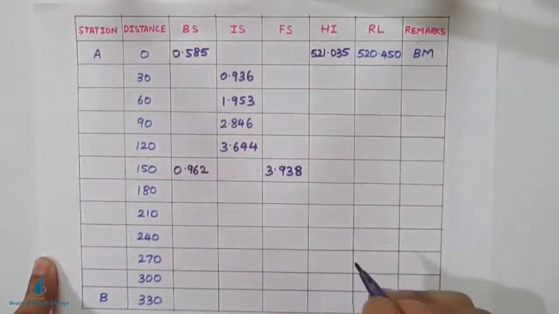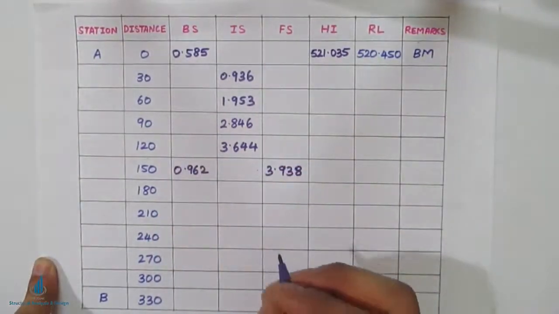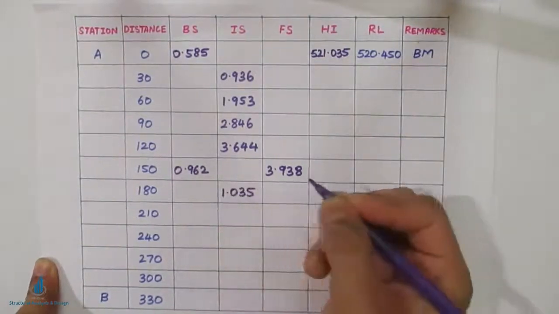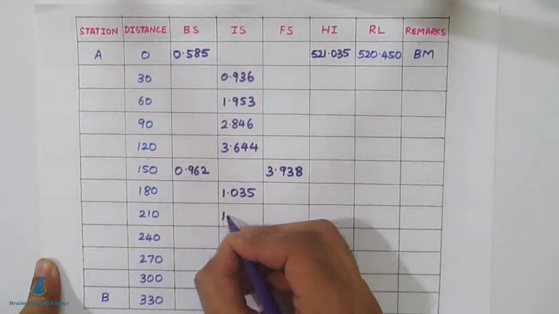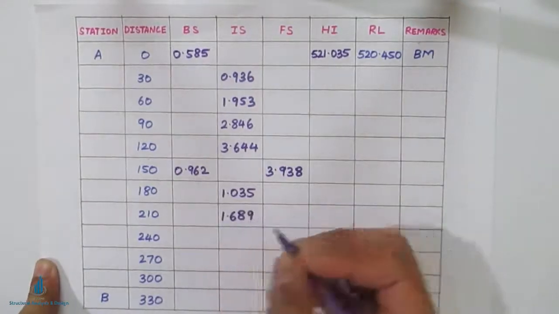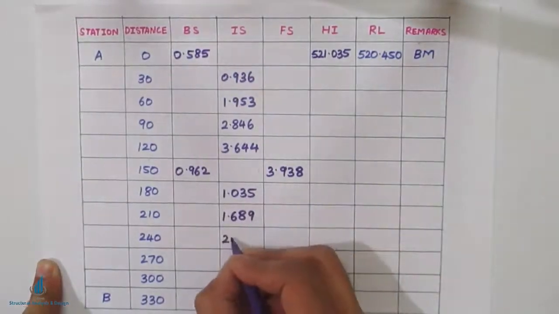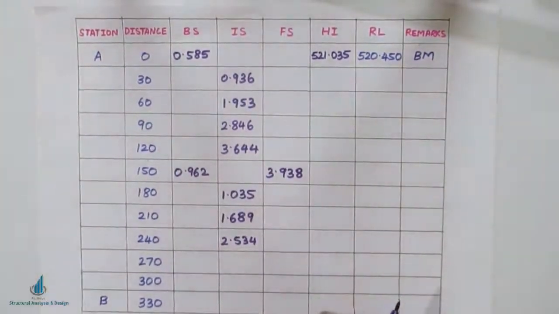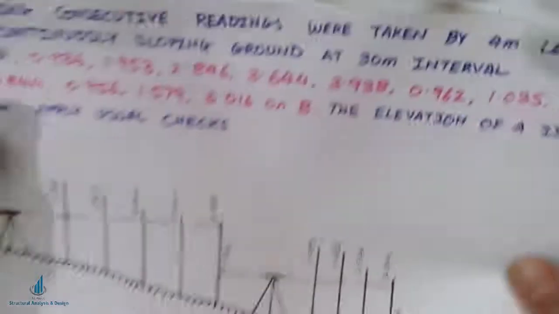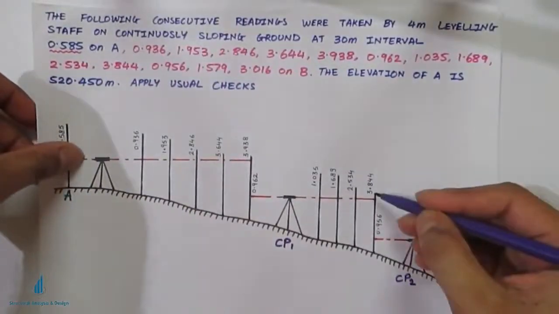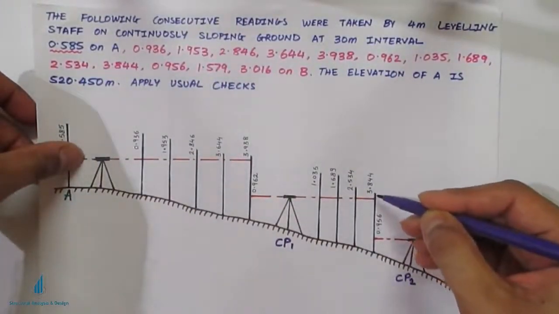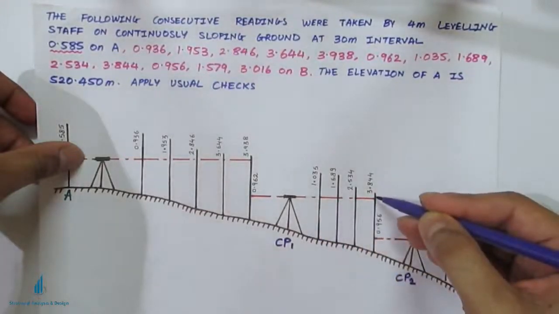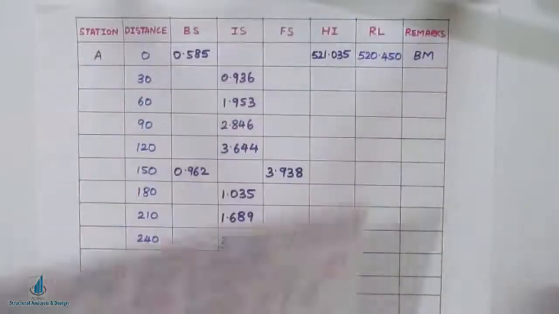Then again you write down in the IS column the values 1.035, 1.689, 2.534. Then again the instrument is shifted. 3.844 is the last staff reading from CP1, so you should write this in the foresight column, 3.844.